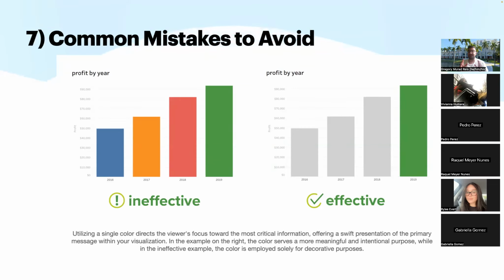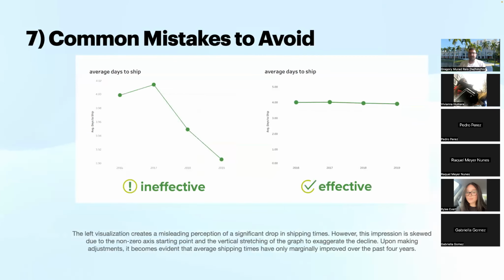So 2019 was the best. Why do I need to provide some random colors for 2016, 17, and 18? It's not adding anything to the message, to the information. There's only one thing I want to say: 2019 was the best. I don't care what the numbers for the other ones are. I'm not categorizing them. I don't need to label them anything. So I don't need colors for them.